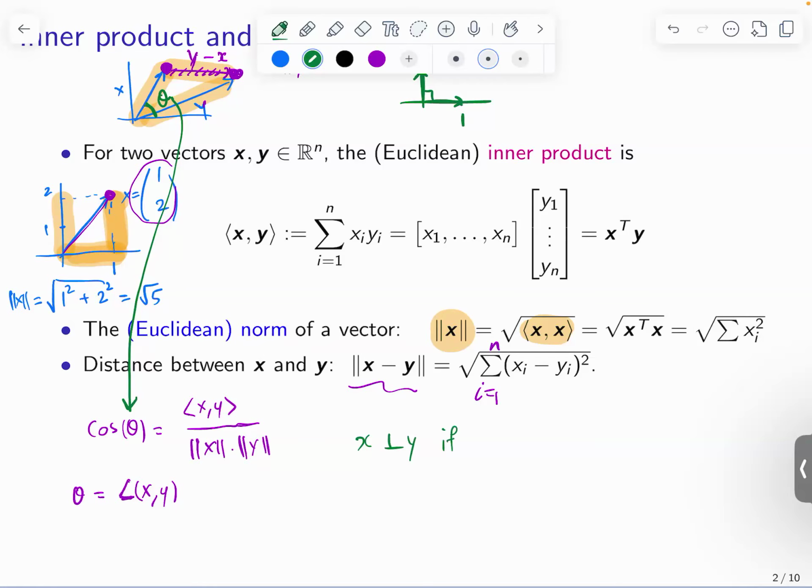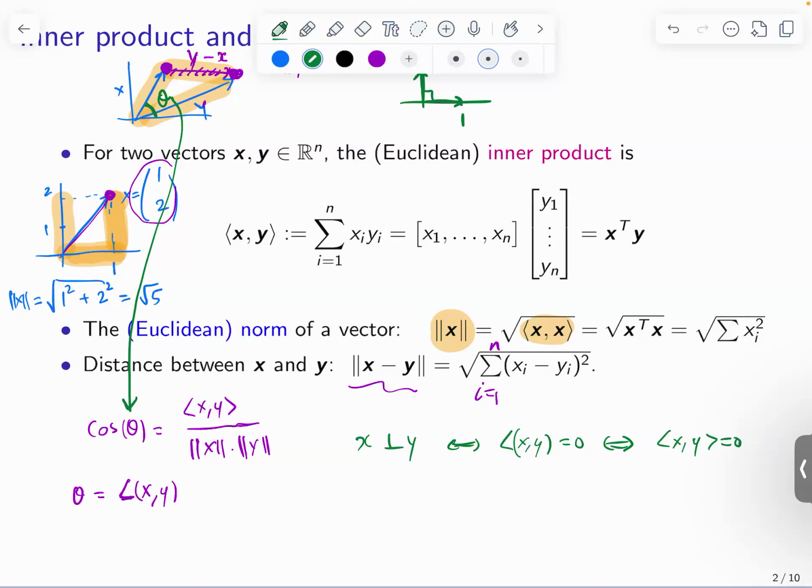If and only if, or we can define it like this, depending on how you define it, the angle is pi over 2, which is equivalent to the inner product being 0, because the fraction is 0 if the numerator is 0.